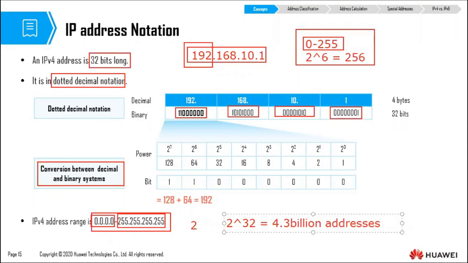In the early development stage of the internet, this was a massive number, and the creators of IPv4 thought we would never exhaust this address space.